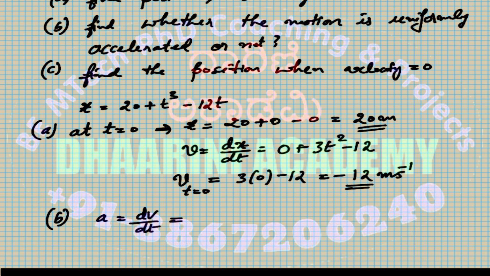So v is there, right? v is 3t square minus 12. Differentiate that, you get 3 into 2, 6t. When I'm saying acceleration is equal to 6t, it can be seen that as the time changes, acceleration is also changing. Acceleration is not a constant.